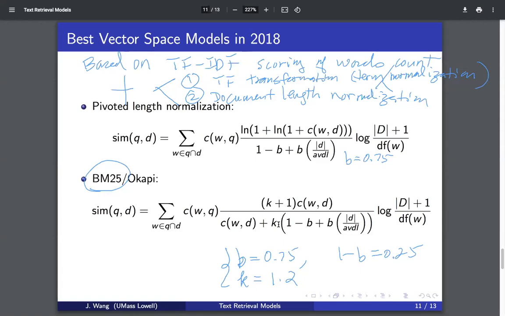So you add these two components to TF-IDF in different flavors, using different TF transformations and with the same normalization. The same normalization is still 1 minus B plus B of this, right? So document length normalization. But the term transformation or the term count normalizations are different. You have these two similarity measures.